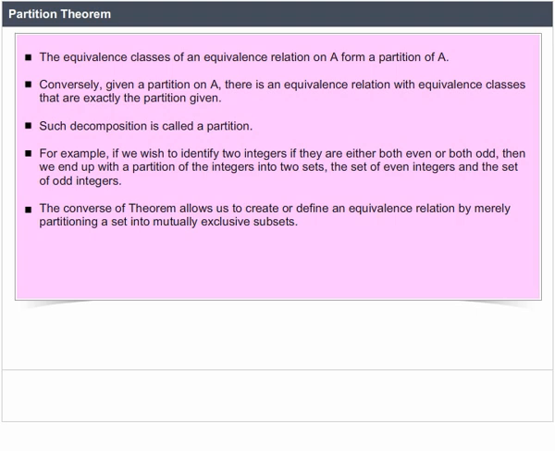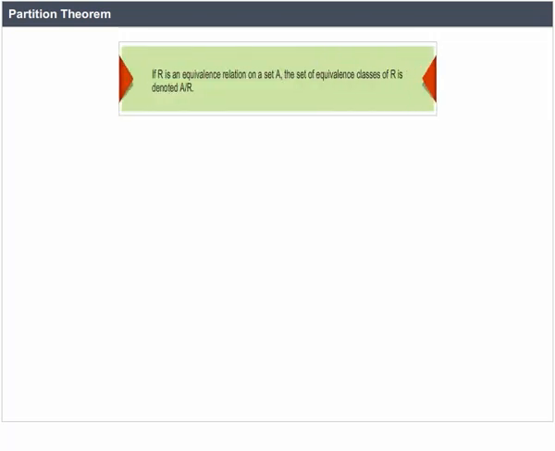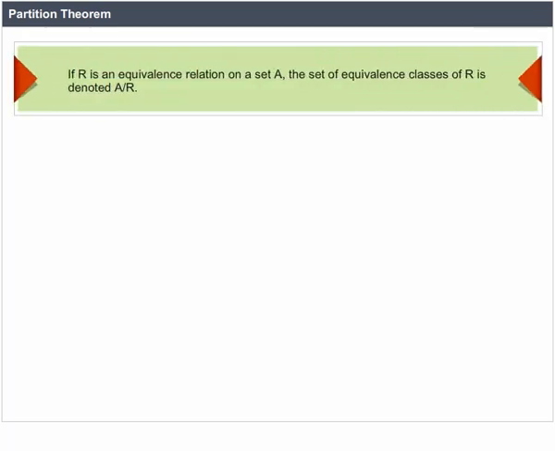The common attribute then might just be that elements belong to the same subset in the partition. If R is an equivalence relation on a set A, the set of equivalence classes of R is denoted by A given R.